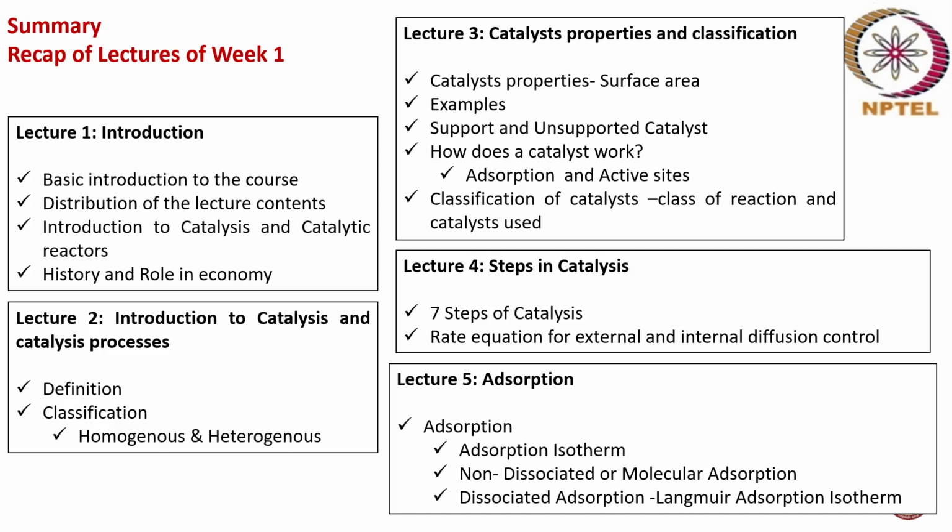One is the reactant external mass transfer into the entrance of the catalyst pore, and then the other external mass transfer involves movement of the products from the catalyst pore to the bulk. And similarly two internal mass transfers, where the reactants enter inside the pore, and similarly the products come out of the pore. And then adsorption of reactants, reaction, and then desorption of the products. These are the seven steps of catalysis.